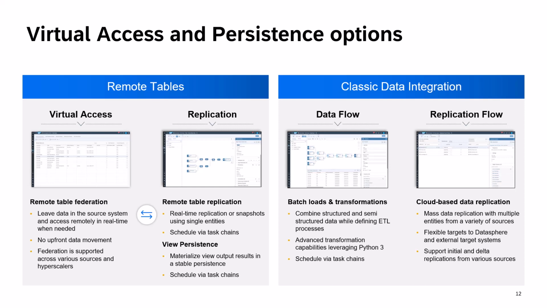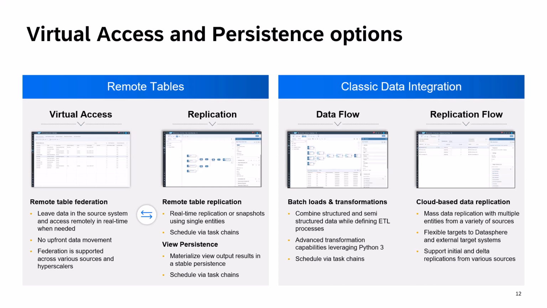In addition to persistency on that low level, on that inbound layer, you could also persist views. If you have various views in your modeling, you could persist them, so materializing the output results of these views in a stable persistence, which could also be scheduled if you want to have that regularly refreshed.